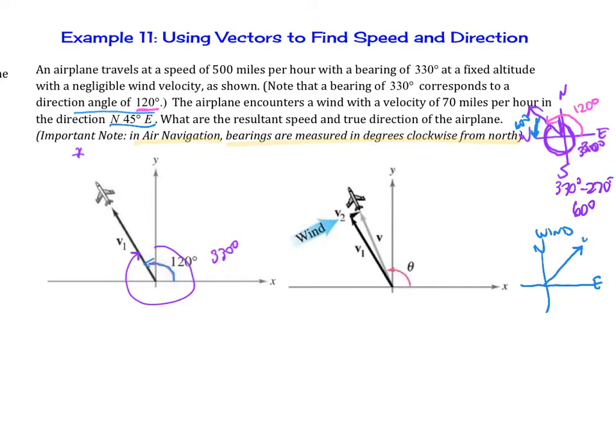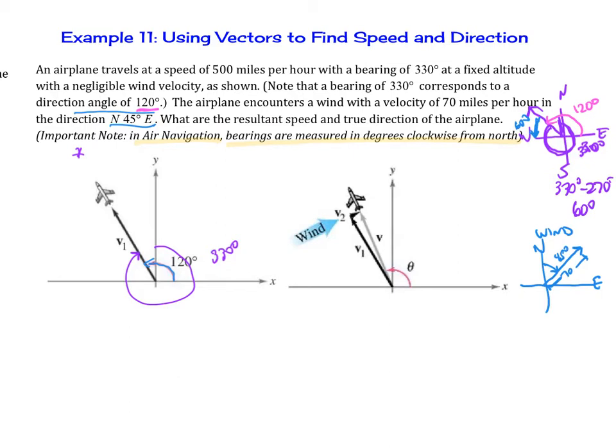So this is 45 degrees, the bearing is 45 degrees here. And then the velocity of 70, that is going to be this here. So that'll be the magnitude of the wind velocity.